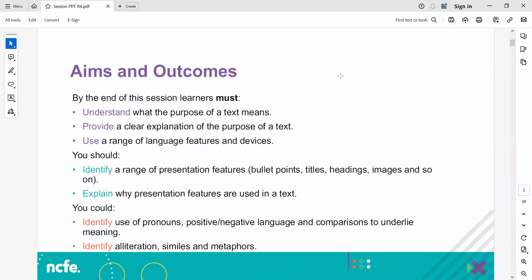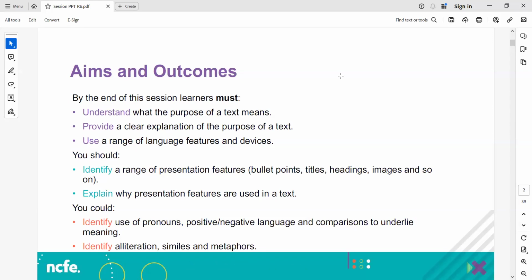So our aims and outcomes today. By the end of this session, you must understand what the purpose of a text means, provide a clear explanation of the purpose of a text, use a range of language features and devices. You should identify a range of presentation features, bullet points, titles, headings, images, and so on.